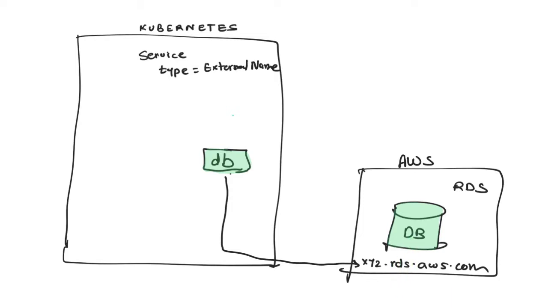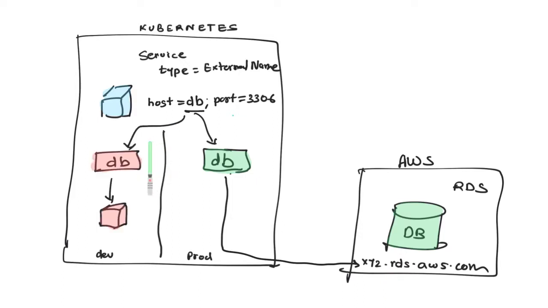Why this is useful is, let's say you have an application running inside Kubernetes which has connection string defined as DB. That's the host name. Now, you don't want to update that connection string every time, and you may have a database running inside the Kubernetes cluster itself in dev environment. But in production, it is outside and you're pointing to RDS. So you can accommodate both of these situations.